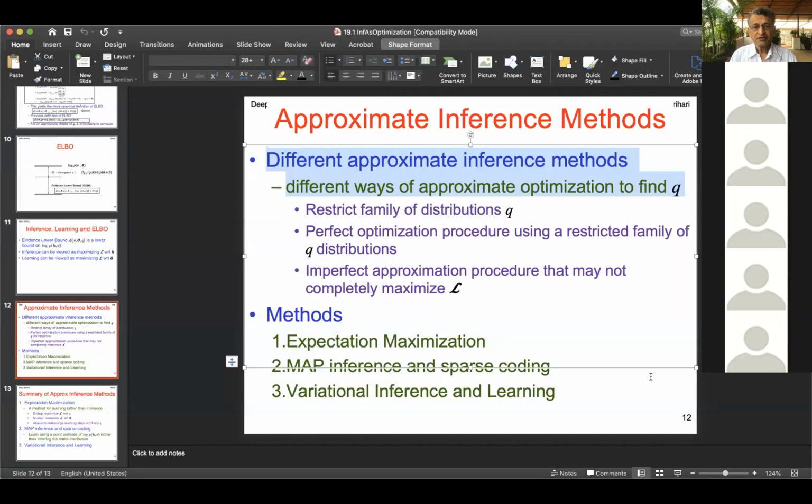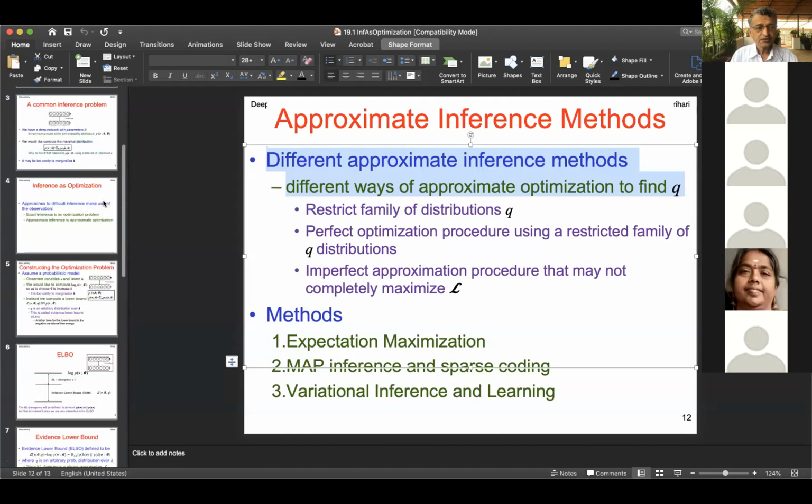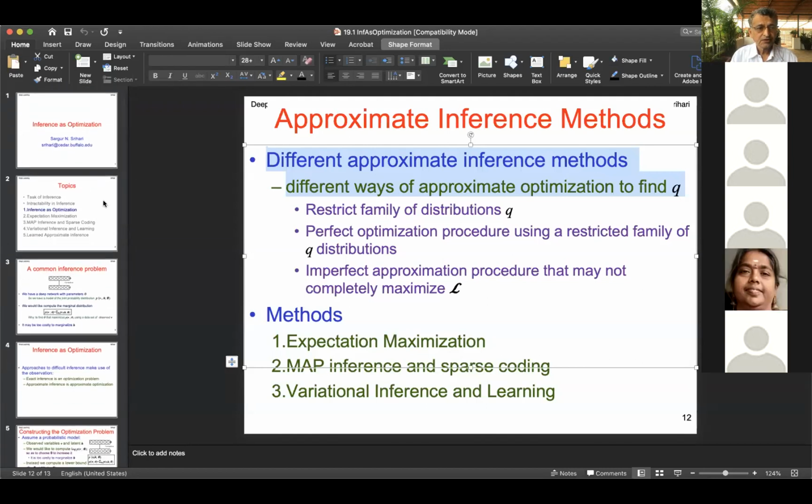So let me share the slides right now. I can figure out where the button for sharing is going to be. Okay, here it is. And share. Okay, there we are. It is showing an old set of slides here.